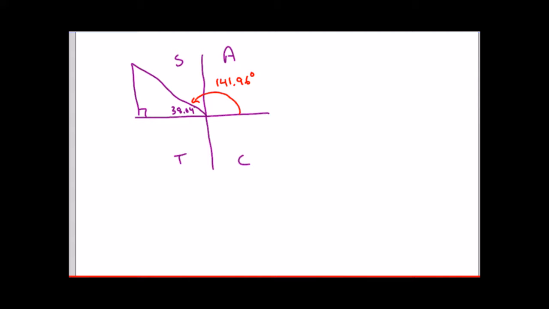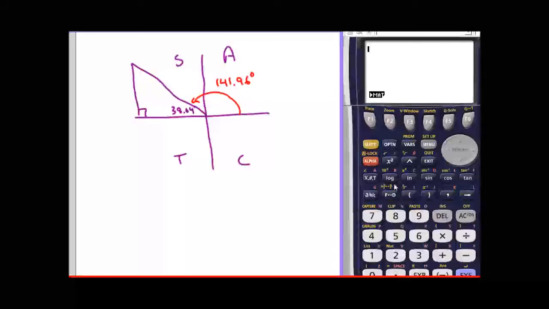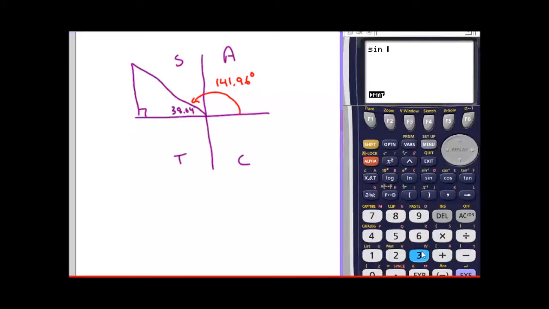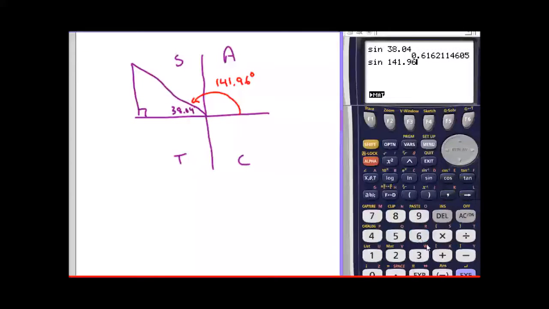All right, watch if we check that. If I take the sine of 38.04, let's compare that to the sine of 141.96. See that? They're exactly the same. Sine is positive in the first and second quadrant.